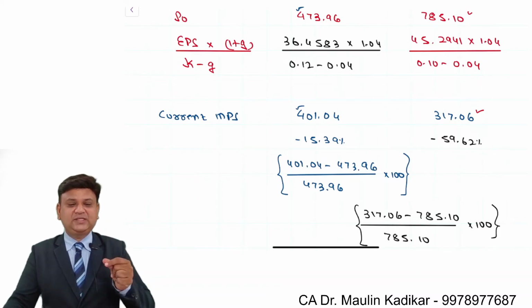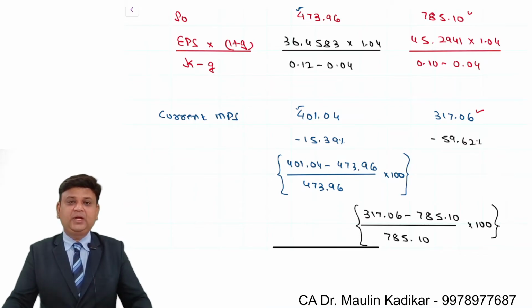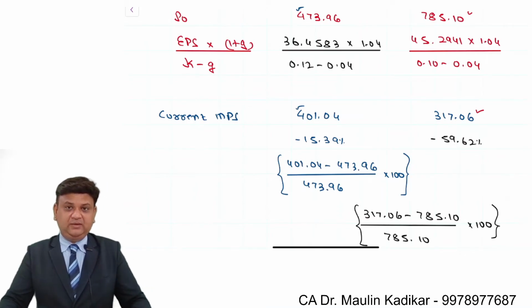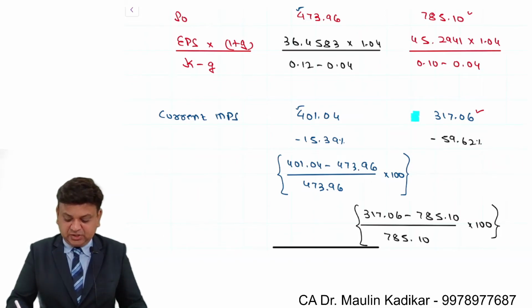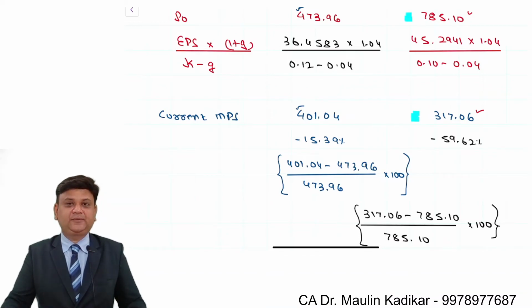So the comment is, listen carefully now, we can advise AB Limited that this is a very good time to acquire CD Limited. Why? Because the shareholders of CD Limited will keep this price into account for the purpose of negotiation. And we know that the actual worth of the company is this much.